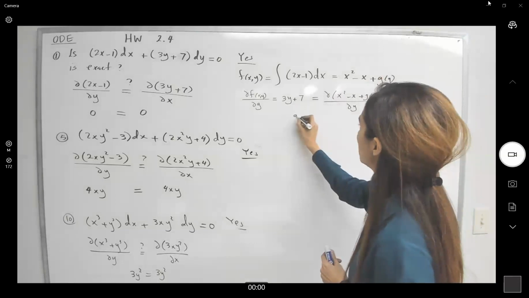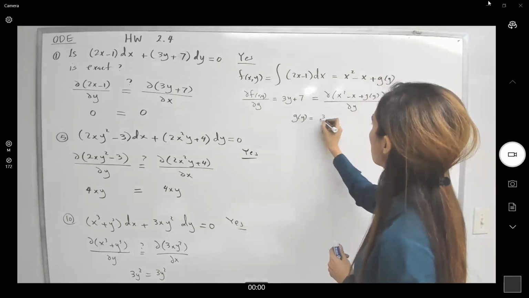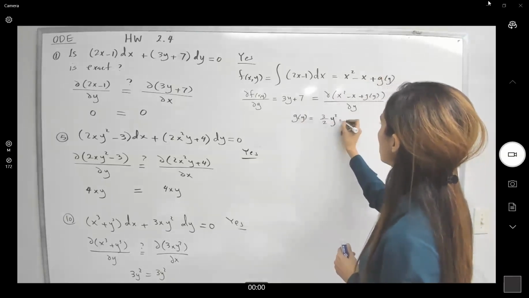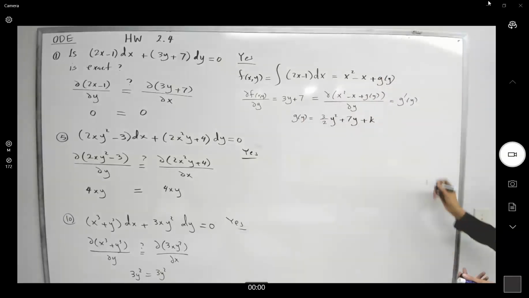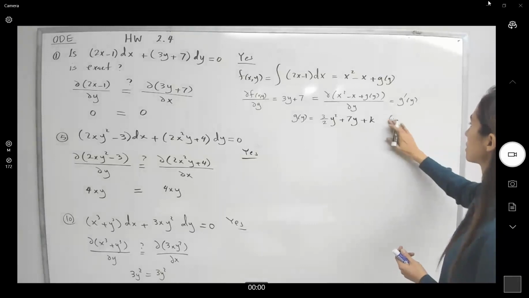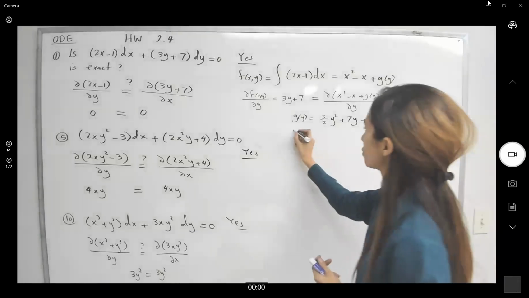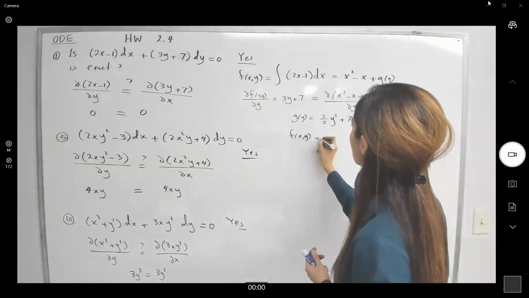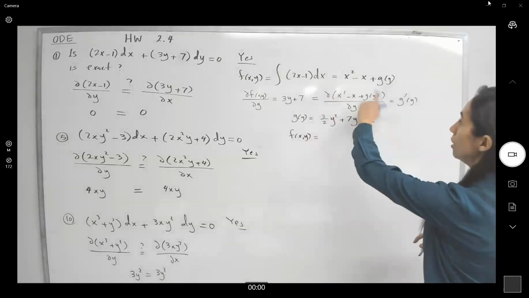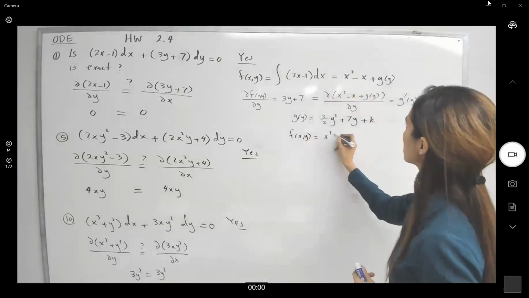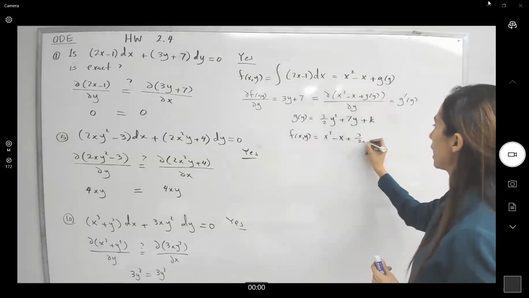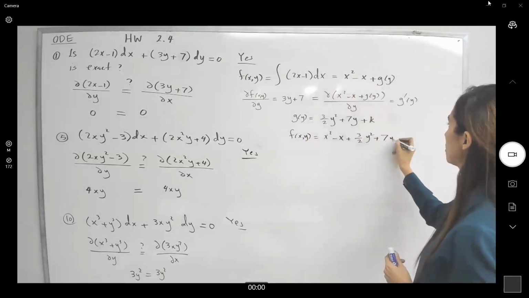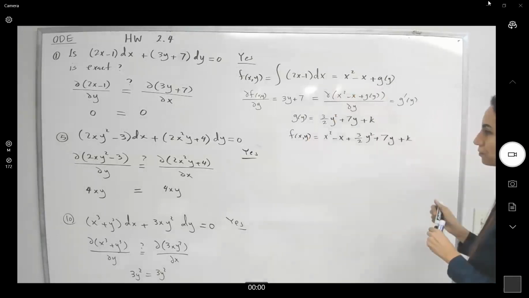So g of y is equal to 3/2 y squared plus 7y plus k. So your function f of x and y is, let me write down the solution here for you, x squared minus x plus 3/2 y squared plus 7y plus k.